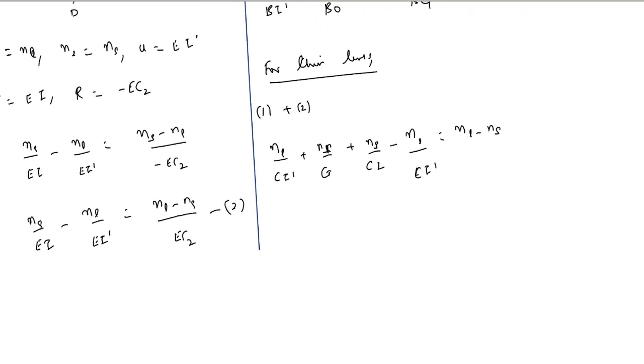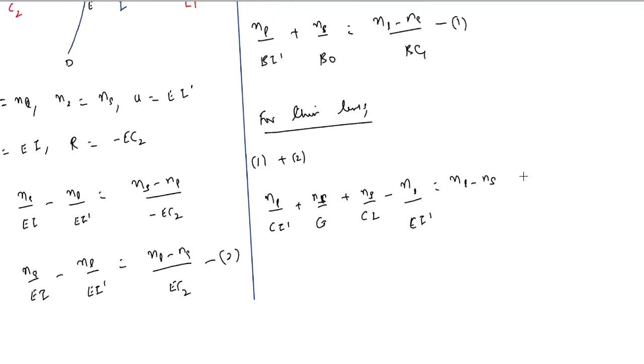If that is taken as common, then 1 by BC1 we can write as CC1, and here plus 1 by CC2. This is what we get.